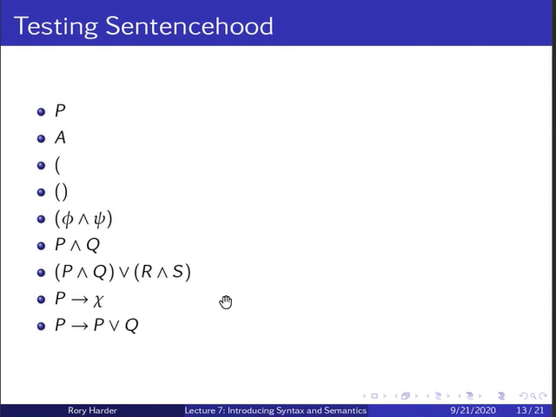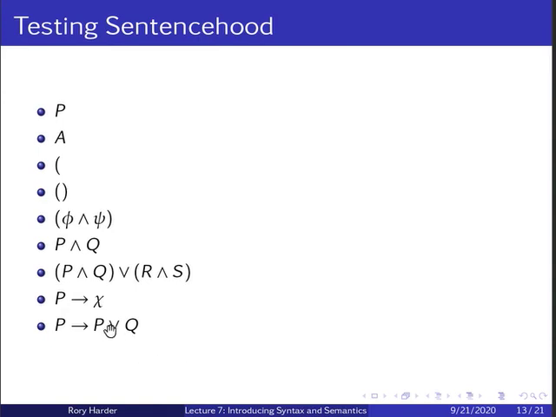Now, finally, is this a sentence? If P, then P or Q. Now the answer is that no, this is not a sentence. And the reason it is not is because it's violating our rules for when we have to include parentheses.